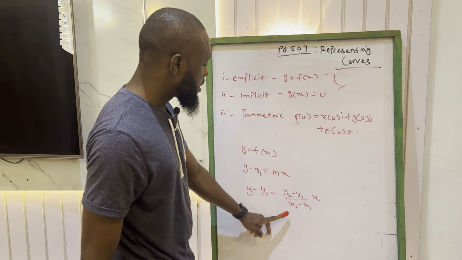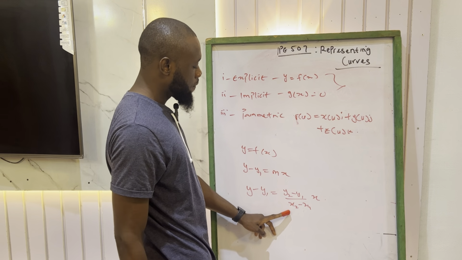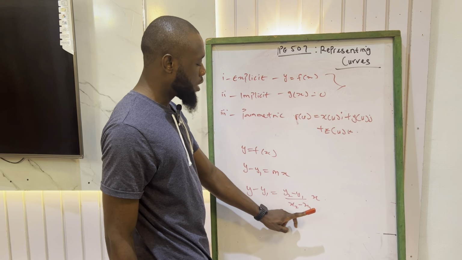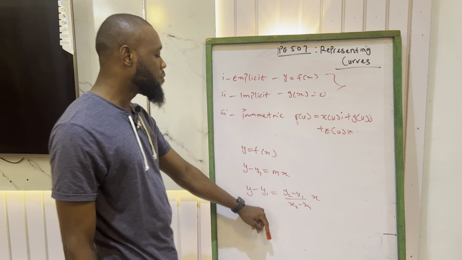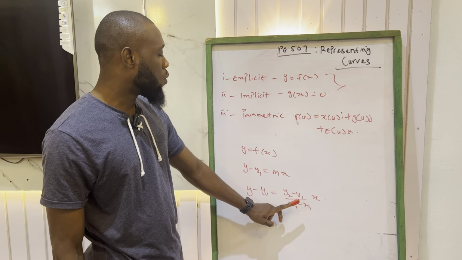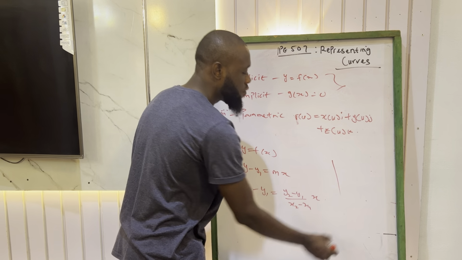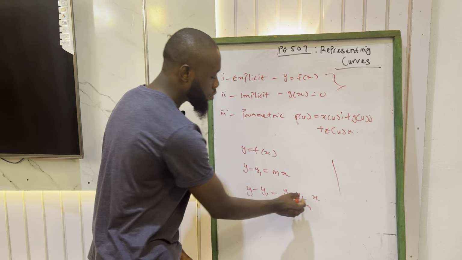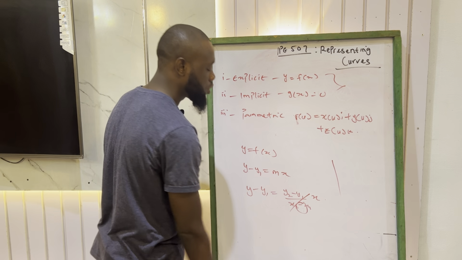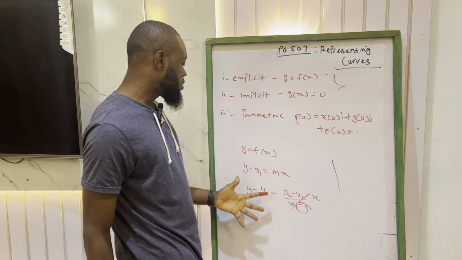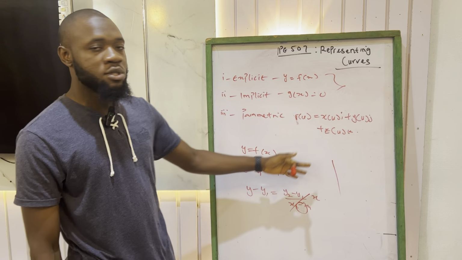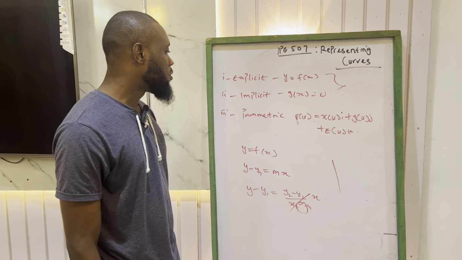Now you notice that at some point where x2 and x1 are equal, that is, at some point where the curve is vertical, this becomes unsolvable because we have a zero denominator, which means we can't use this explicit form to represent such straight lines. So that's one of the limitations.